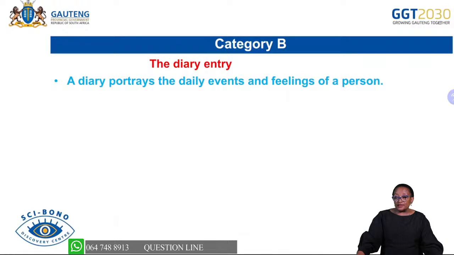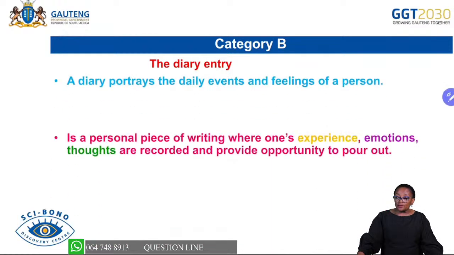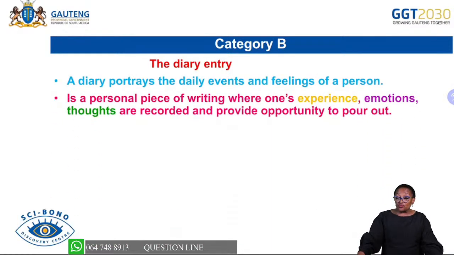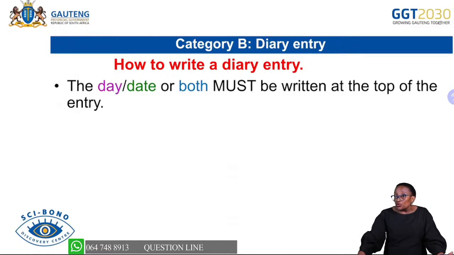A diary entry portrays the daily events and feelings of a person. It is a personal piece of writing where one's experiences, emotions and thoughts are recorded, and it provides an opportunity to pour out. So it's more personal. In a diary, that is how you would record your emotions, your feelings, and everything.